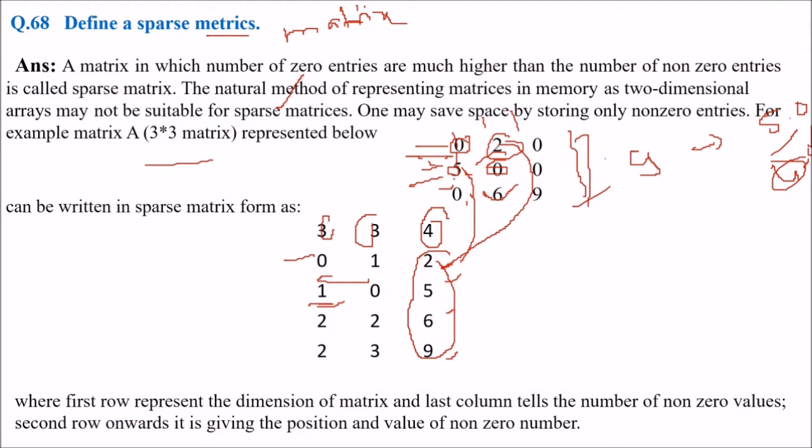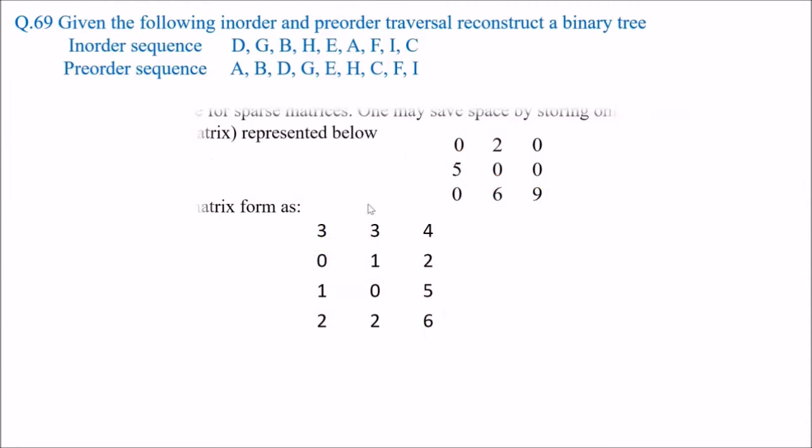Then 2, 2: second row, second column, 6. And second row, third column, 9. So these are the positions of the non-zero numbers. Okay.